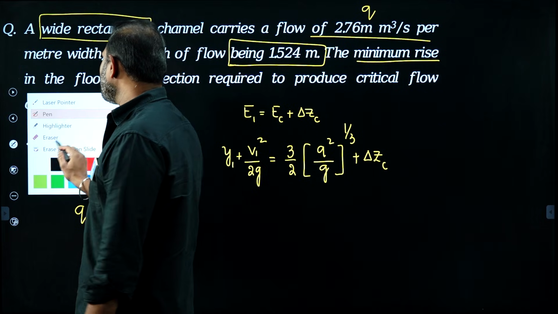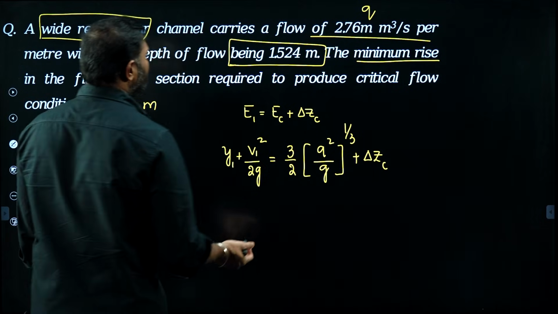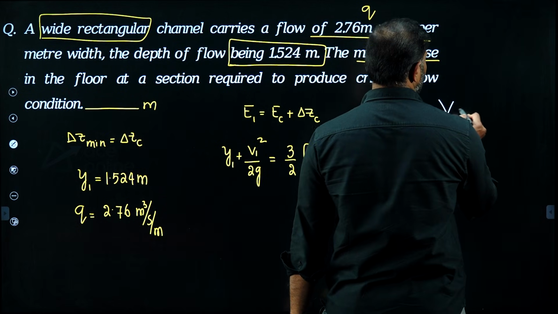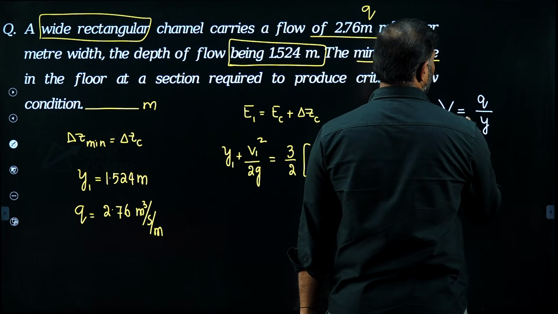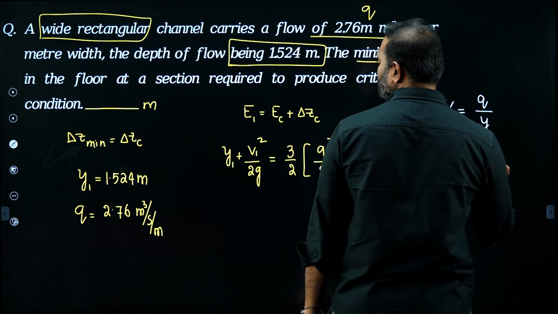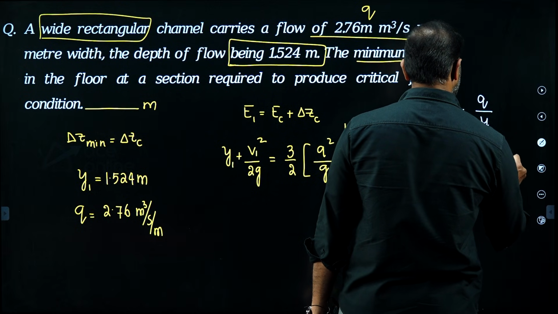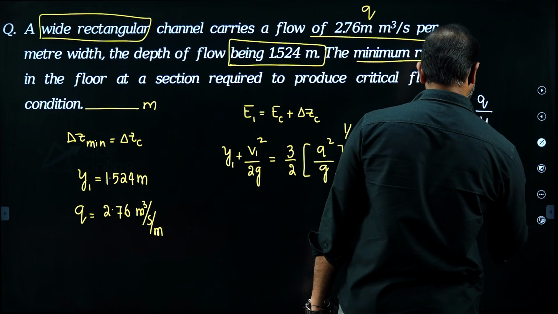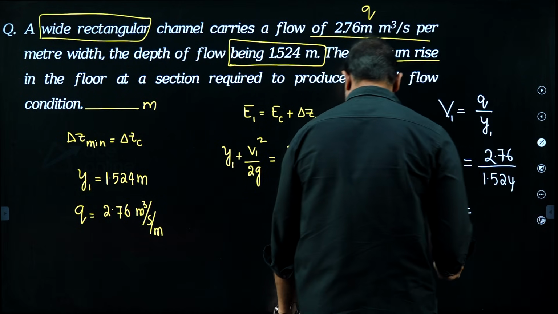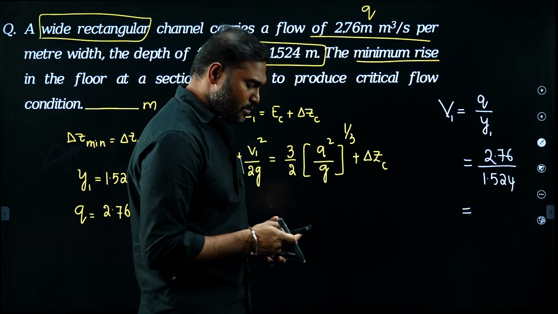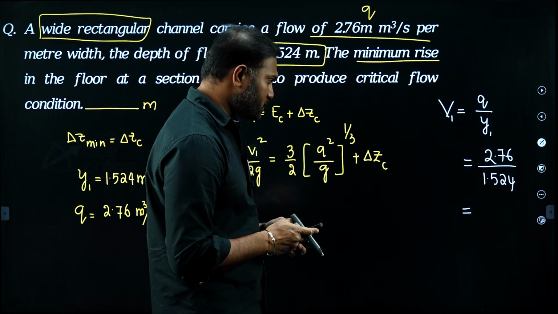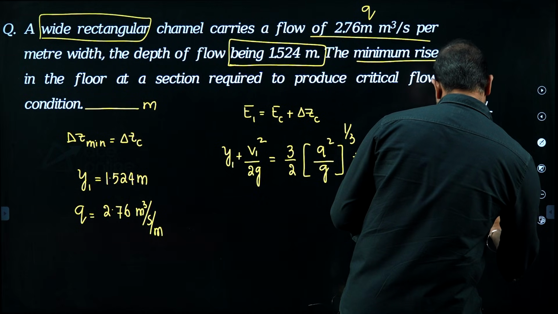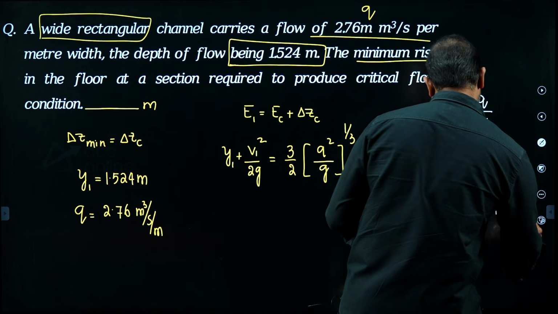They haven't given the V1 value, right? But you can find out the V value. V is nothing but discharge by depth. If it is V1, then discharge 2.76 by 1.524. So V1 value is 2.76 by 1.524, which becomes 1.811 meter per second.